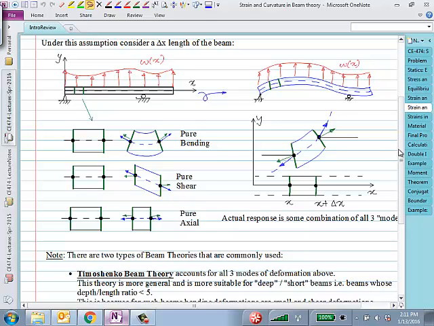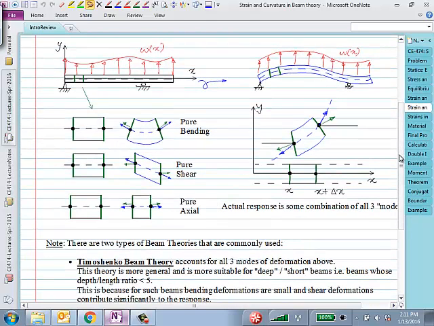So with these assumptions, people have formulated two different types of theories. One that allows for shear deformation, and one that does not allow for shear deformation. It allows only for pure bending.